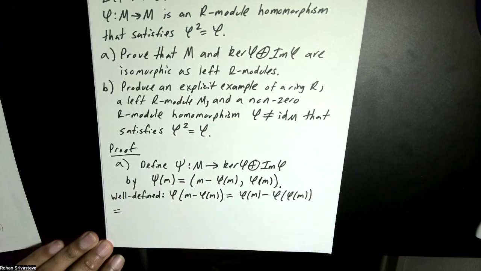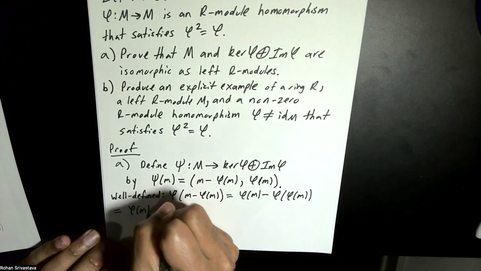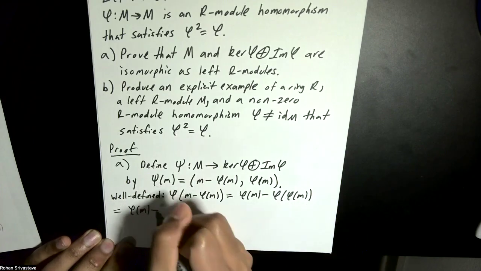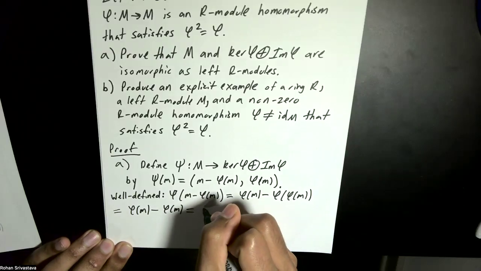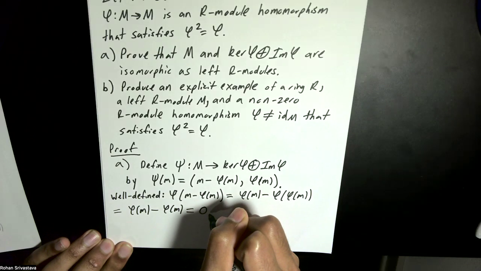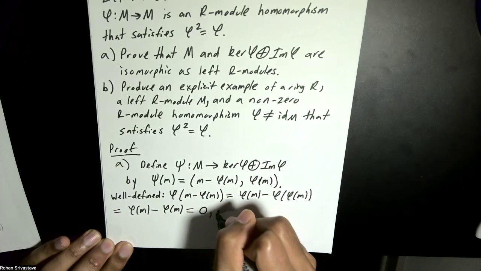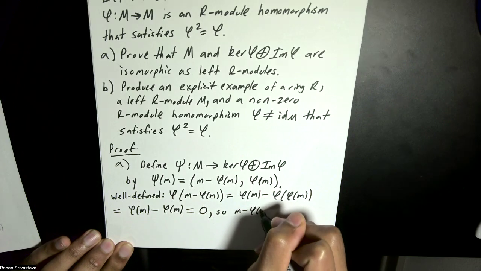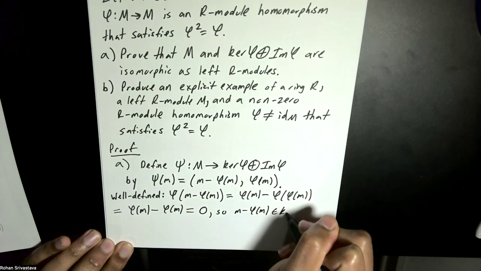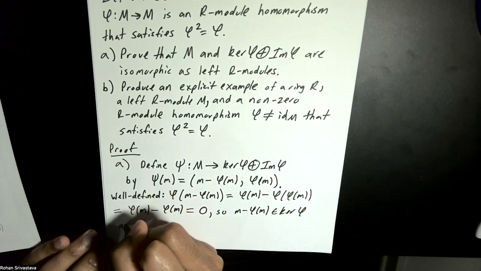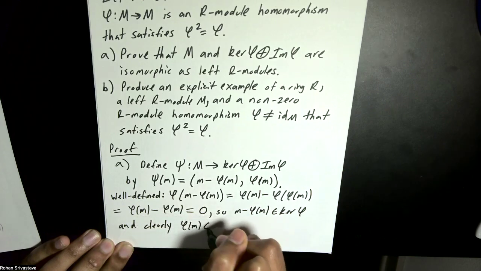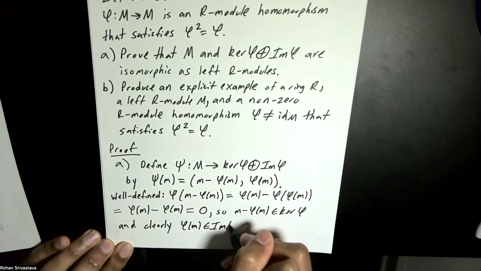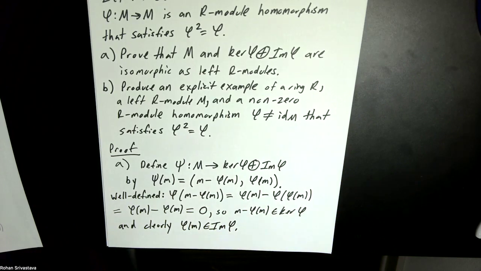So that is equal to phi of m minus phi of m, and so that now is 0. So m minus phi of m is indeed in the kernel of phi, and clearly phi of m is an element of the image of phi. Okay, so we've defined our map in a legitimate way.